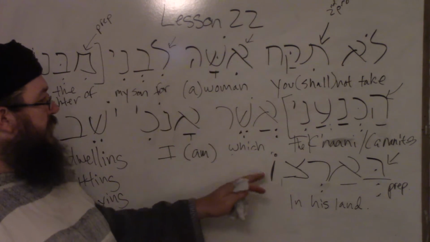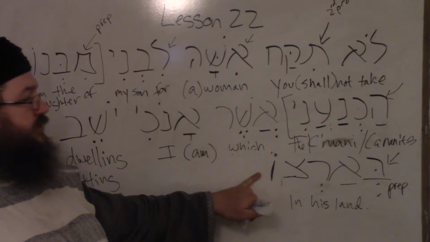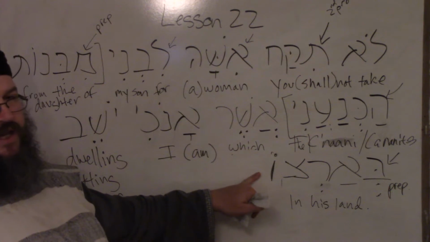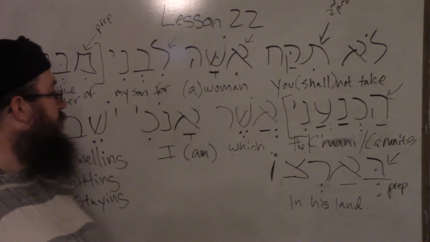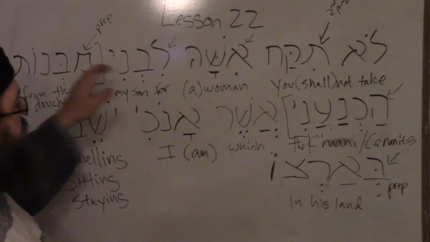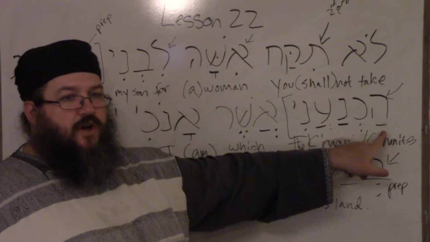We see that the possessive pronoun is used at the end here to indicate a definite state of the noun.